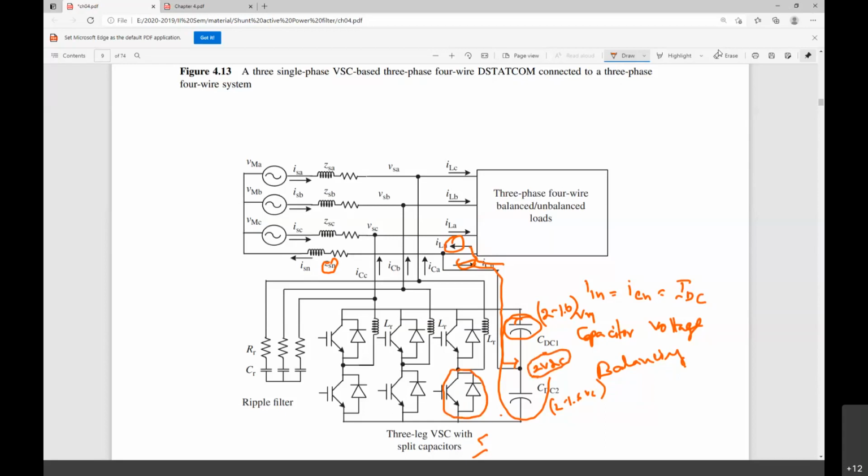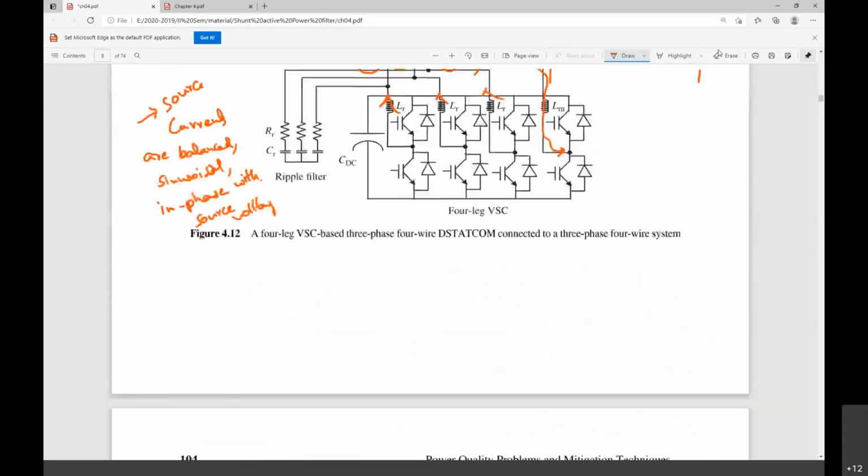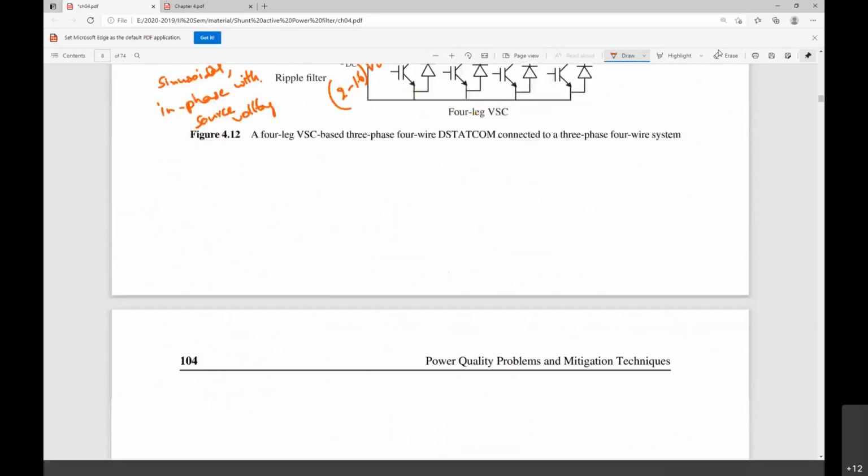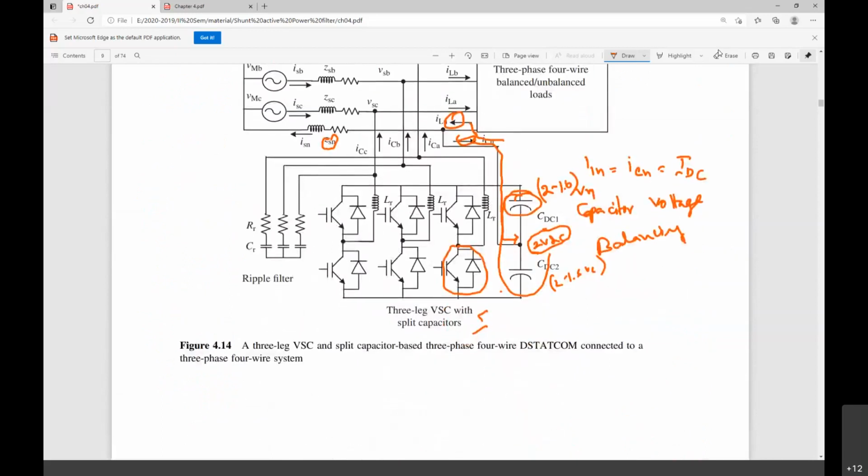Whereas in the earlier topology, it is going to block only one capacitor, which is 2 to 1.6 times the VDC voltage. But here it is almost double, so the switching rating is going to increase.